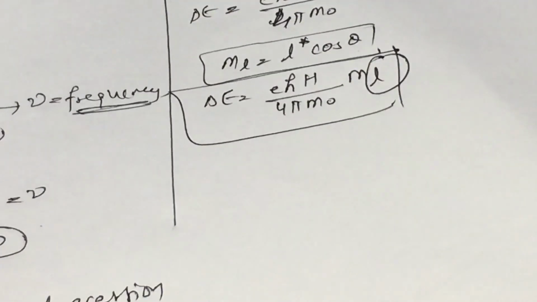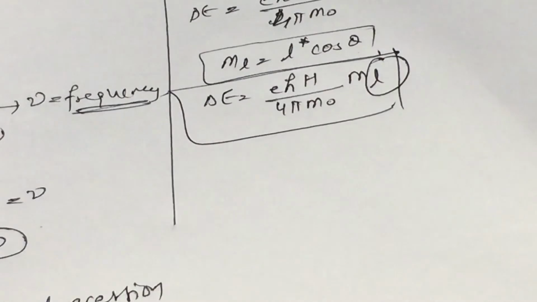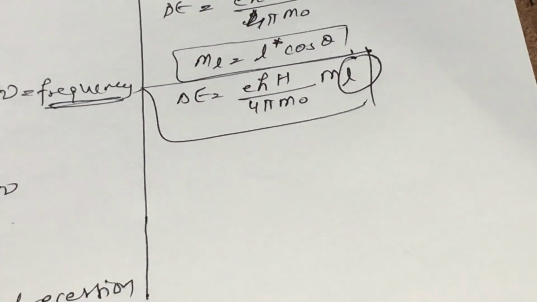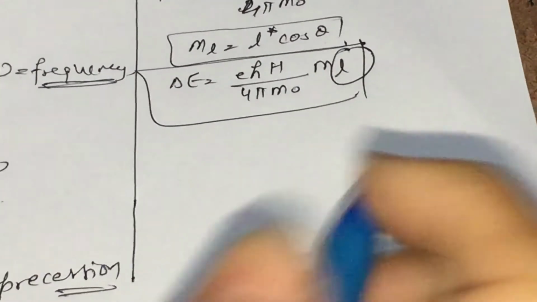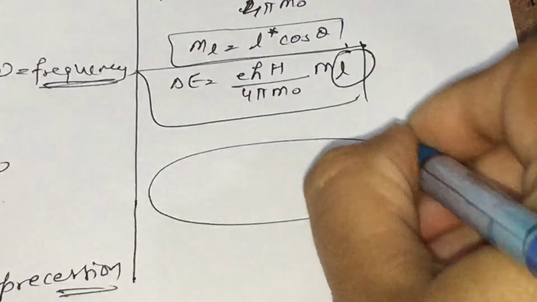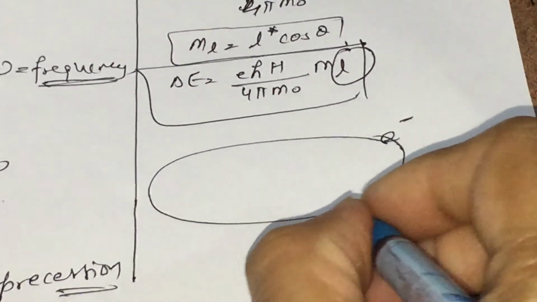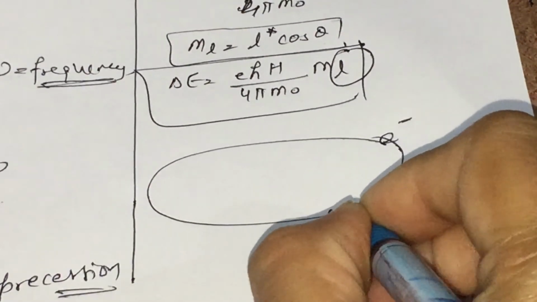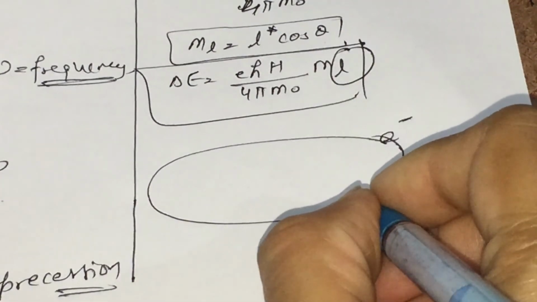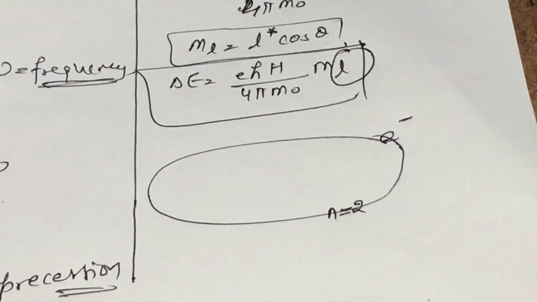Let us consider an example to explain our normal Zeeman effect. Let us consider the electron is moving in a principal energy shell having n is equal to 2.